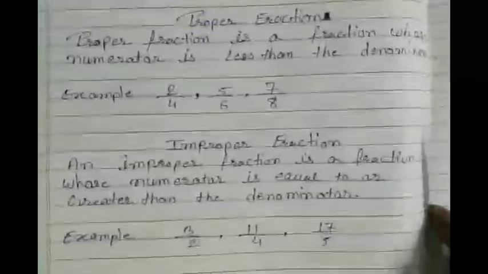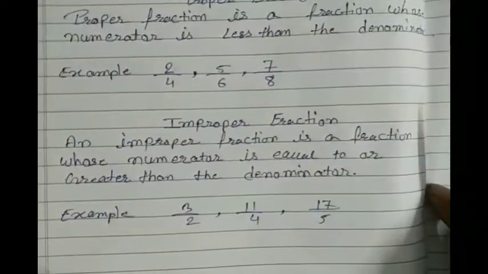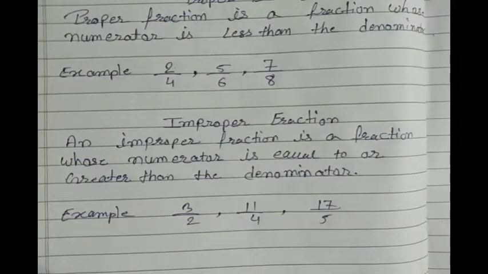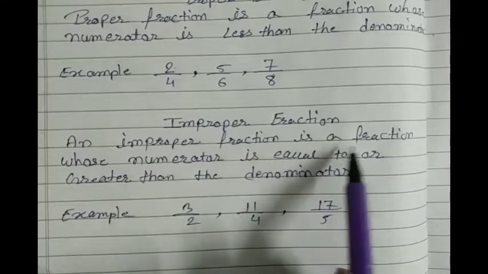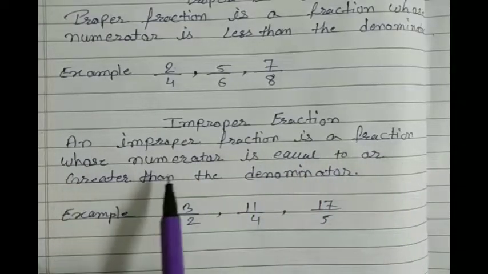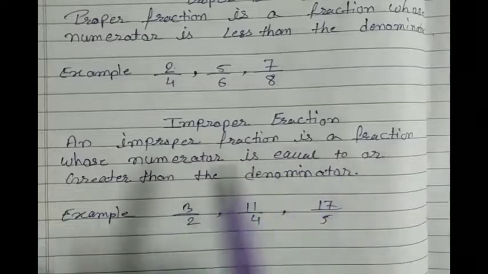So let's begin with the improper fraction. What is an improper fraction? The opposite of a proper fraction is an improper fraction. See, what is the definition? An improper fraction is a fraction whose numerator is equal to or greater than the denominator.